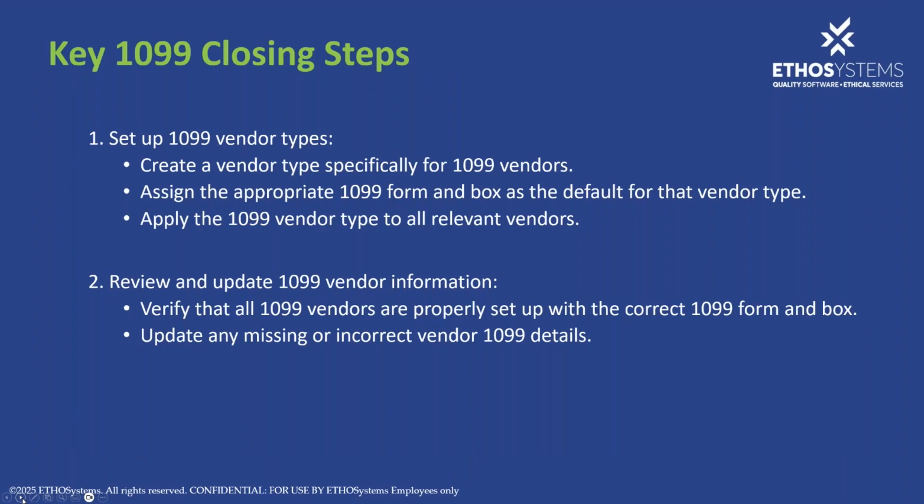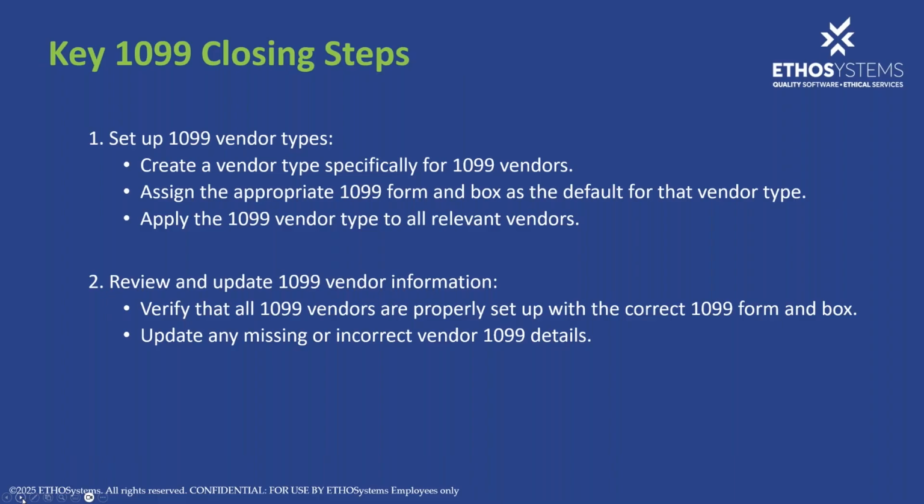Sage Intacct also has a lot of information on 1099s because I know that, coming from the 300 Sage Trainer CRE background, 1099s are always a big lift, right? So, what does it look like in Sage Intacct? First, you're going to set up your 1099 vendor types. Vendor type, not just vendor, vendor type.